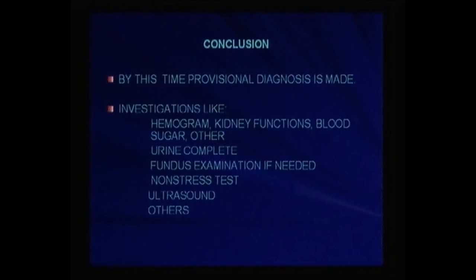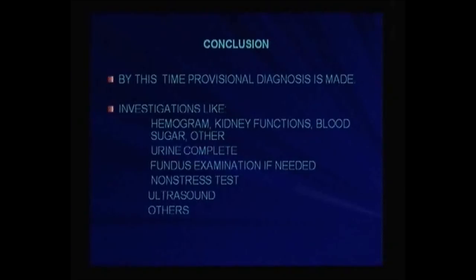In an anemic patient, the chest should be auscultated very carefully to rule out any evidence of failure. The jugular venous pressure should be noted, crepitations and rales in the chest, the hepatosplenomegaly for evidence of failure, and pedal edema should be noted in that patient. After this provisional diagnosis is made, investigations should be done on the patient.